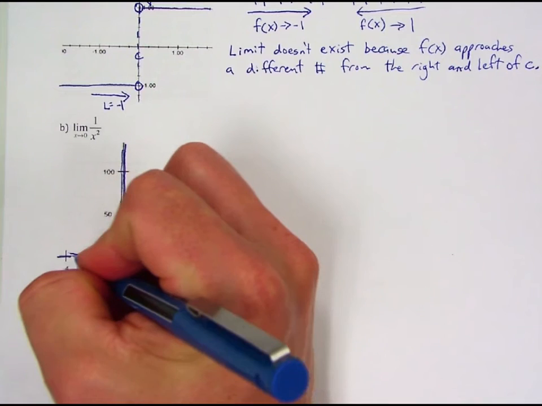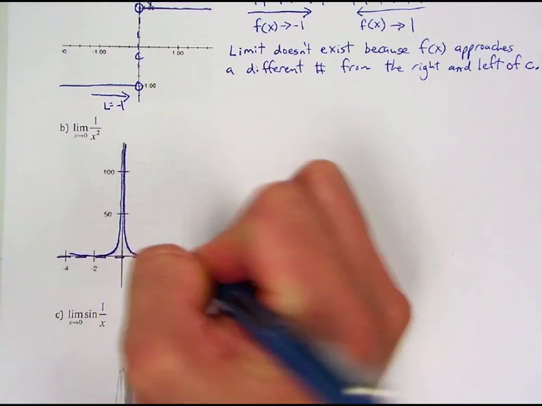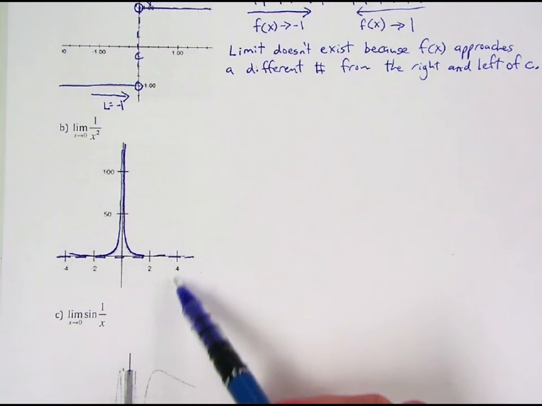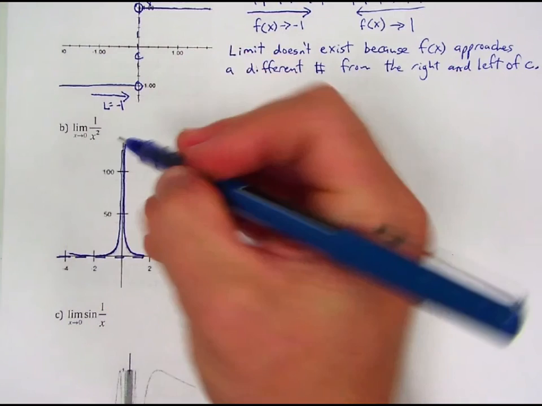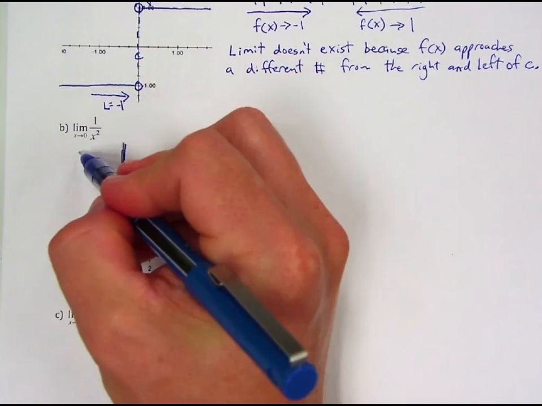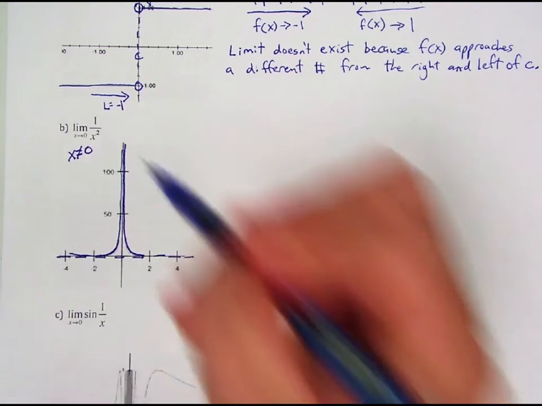But we would see that there is an asymptote right here, that our y values can never go below 0. And we'd also see in the domain, because of the x squared, that x can never equal 0.